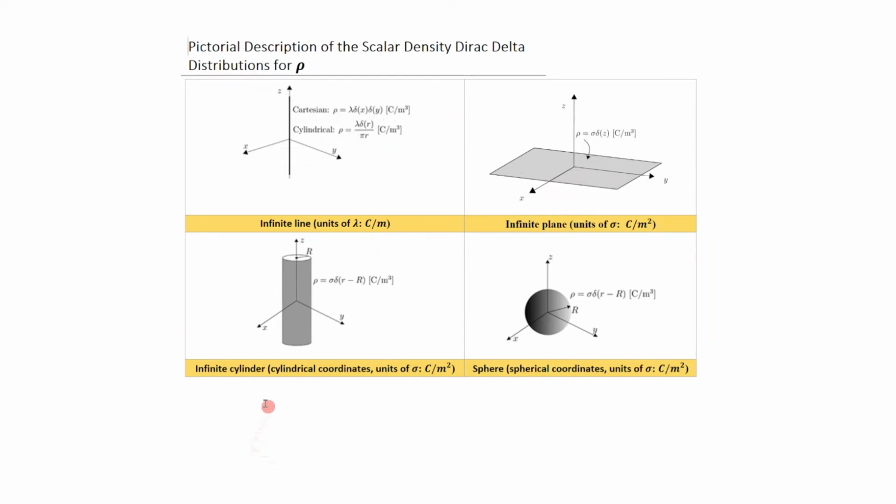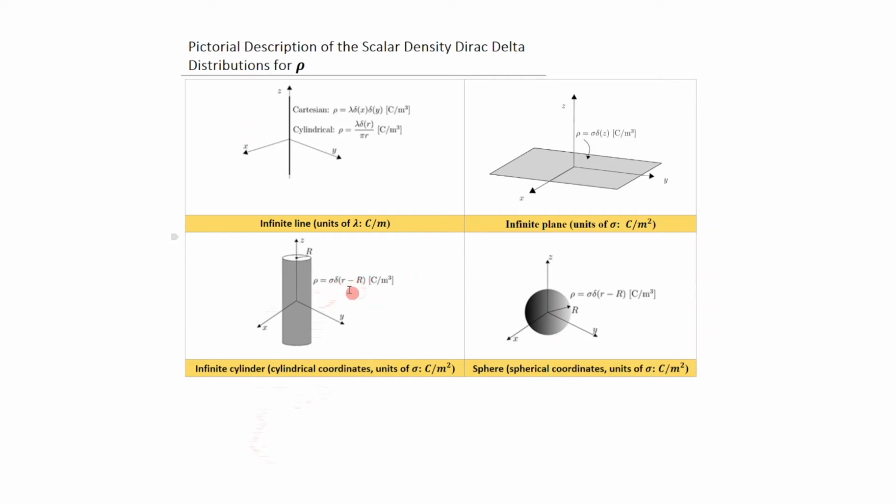For an infinite cylinder, we have basically a surface charge right on the exterior surface at some position r. In this case, we would just represent it in cylindrical coordinates. So in this case, this sigma is a surface charge density in units of coulombs per meter squared.